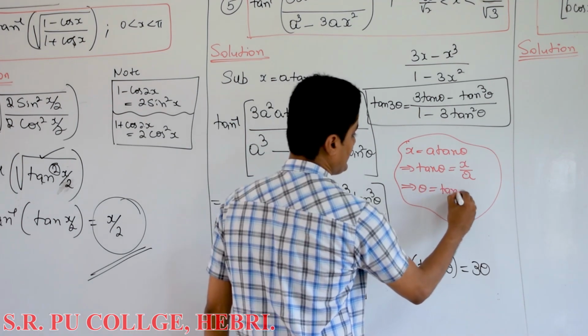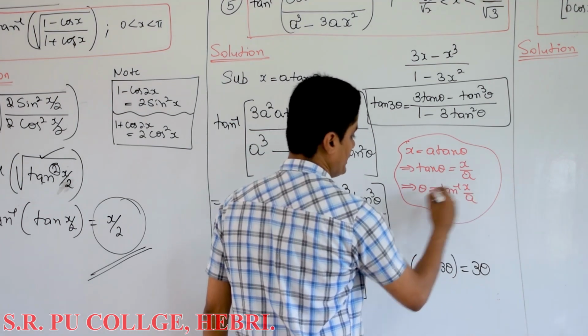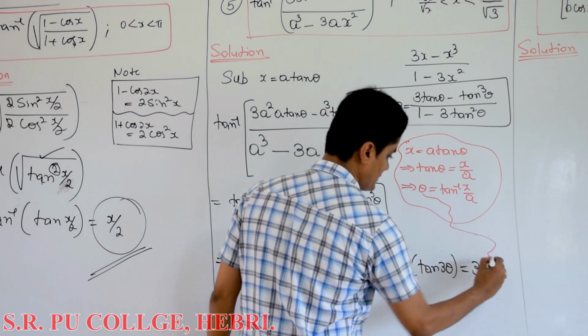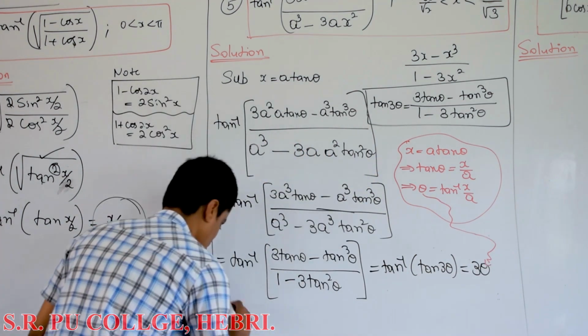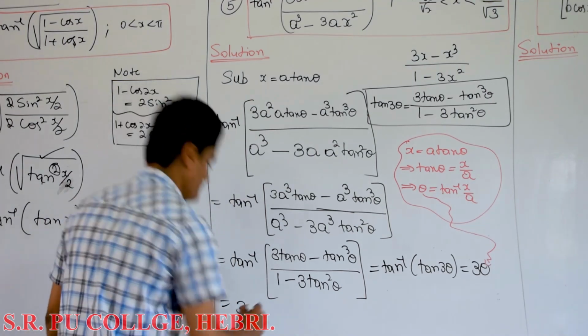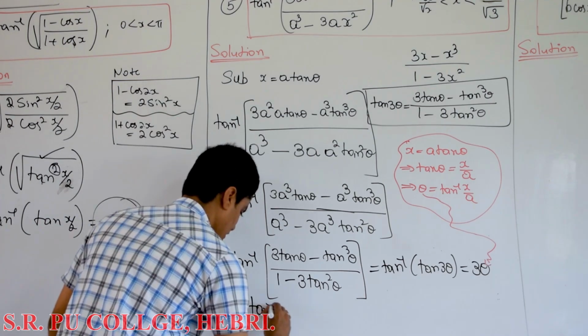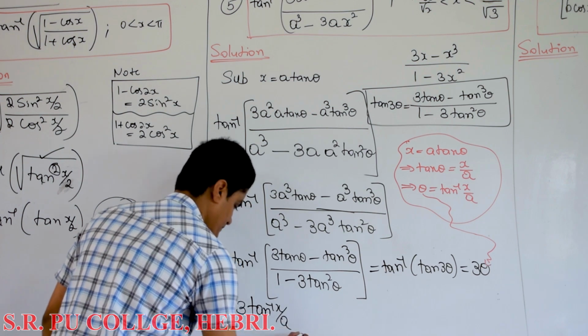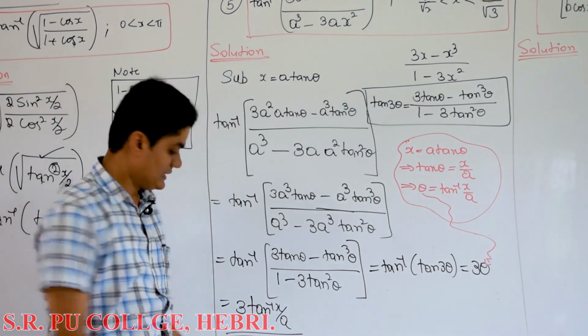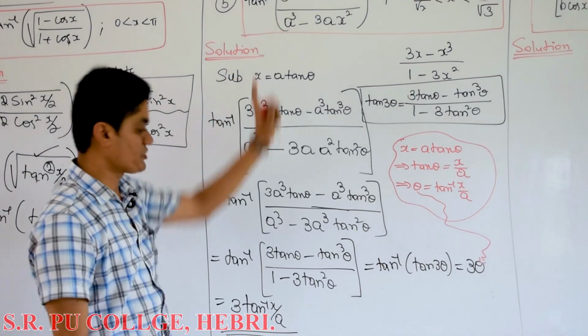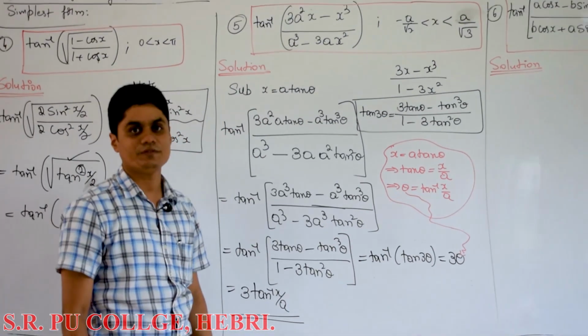Tan inverse of x by a. So replace this here. 3 theta is nothing but 3 times tan inverse of x by a, and this is the required answer, the simplest form of this expression: 3 tan inverse of x by a.